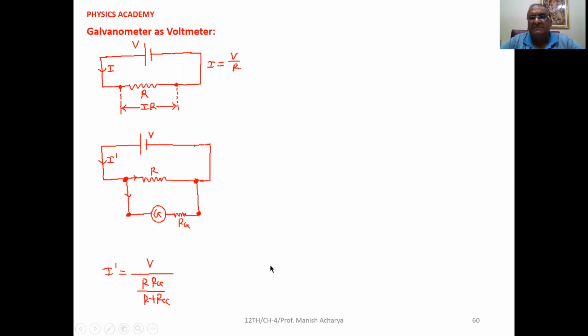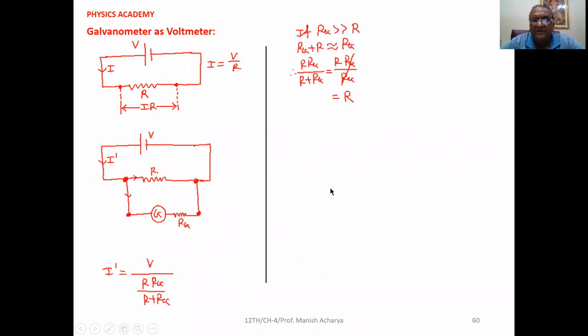Now first understand mathematically. If you want to keep your current equal to V by R, then concentrate here. If we take Rg very much greater than R, then this Rg plus R you can write simply equal to Rg.